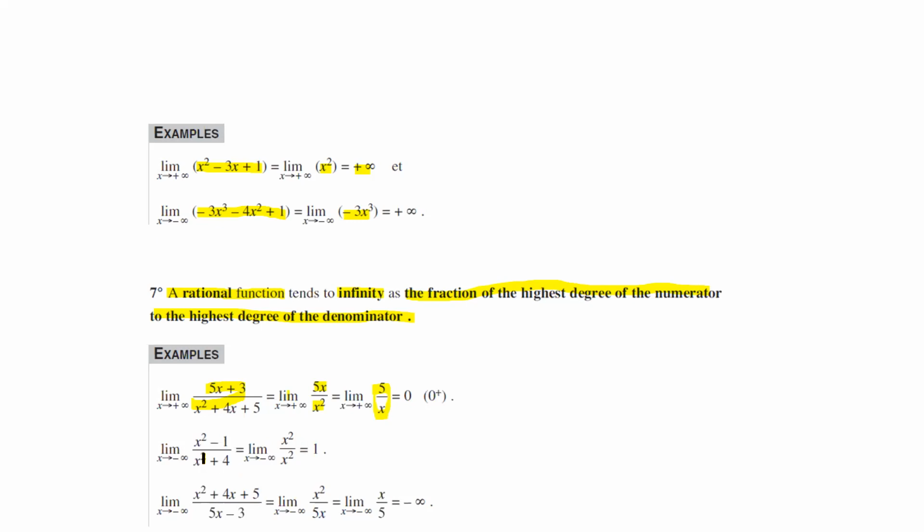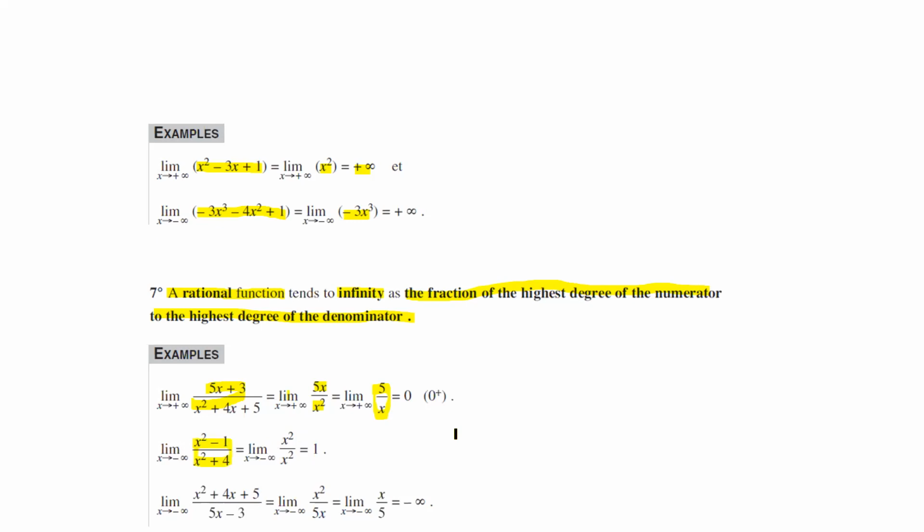Another example, this is also a rational function. So we take the limit of the highest degree over the highest degree: x squared over x squared. We don't replace, we simplify. X squared with x squared, we get 1.